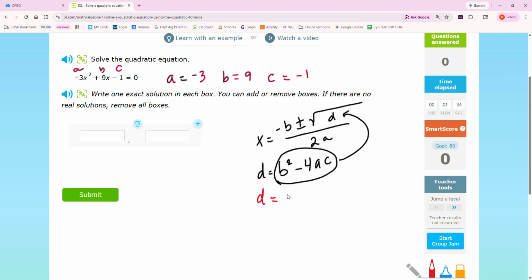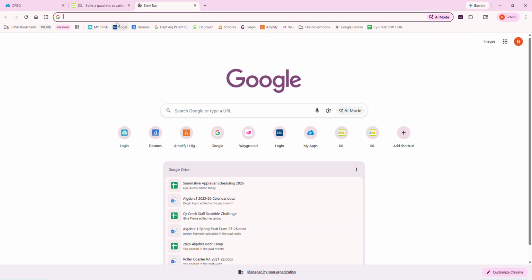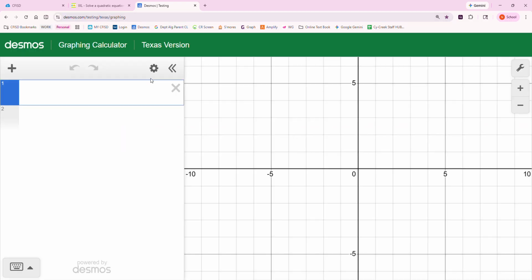So that's going to be 9 squared minus 4 times our a value, which is negative 3, times our c value, which is negative 1. And we can just put this whole thing in Desmos. So I'm going to go over here to Desmos, and I'm going to put 9 squared.